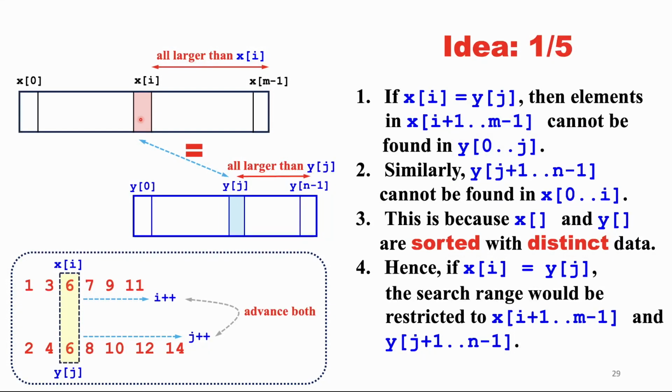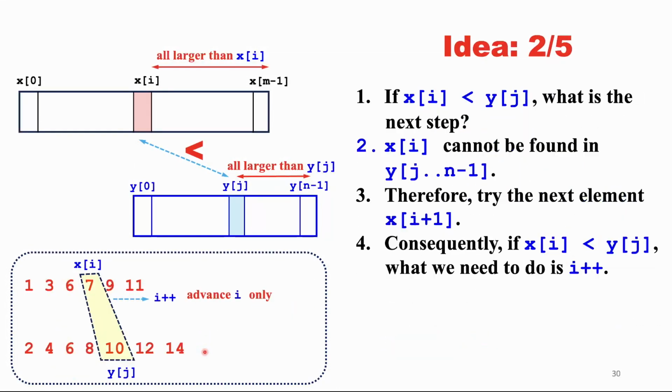So simply put, if we have found an equal pair, the next search will be in the range of xi plus 1 to xm minus 1 and j plus 1 to n minus 1. Here's an example. If we have found an equal pair, then the search will be in this section, which means i++ and j++. This is a very important observation.